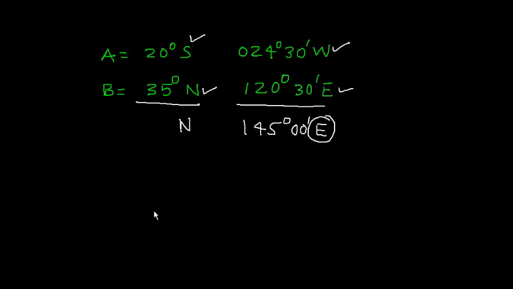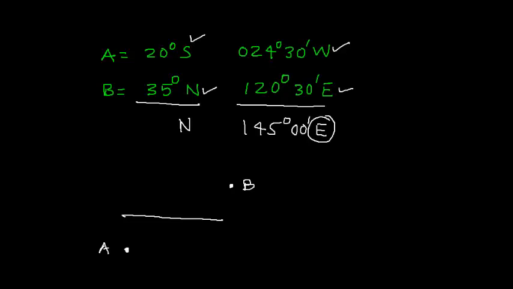Now let's see how these points are placed. Suppose this is the equator. Let me just mark the equator. So this point is A, which is 20 degrees south, and point B is 35 degrees north. That means point B is somewhere up, but the direction is east, so point B is somewhere here.